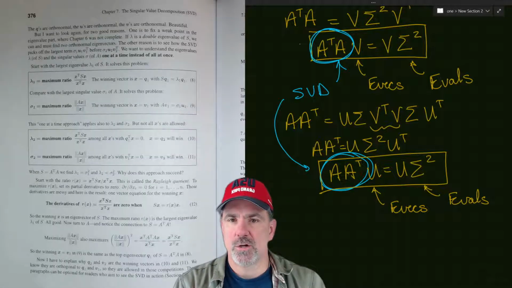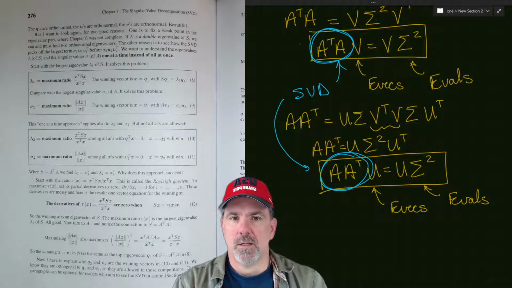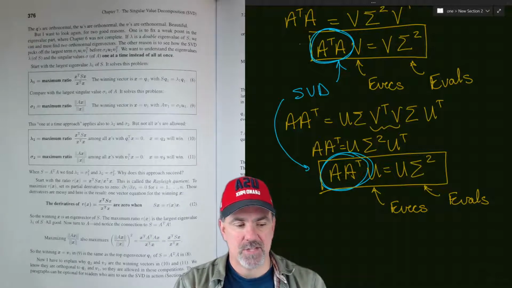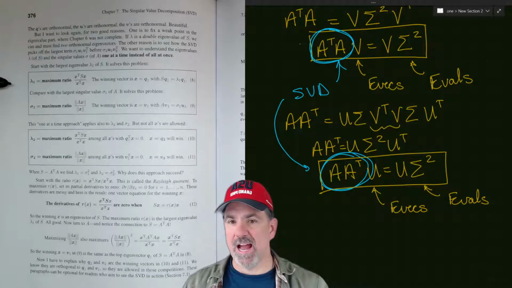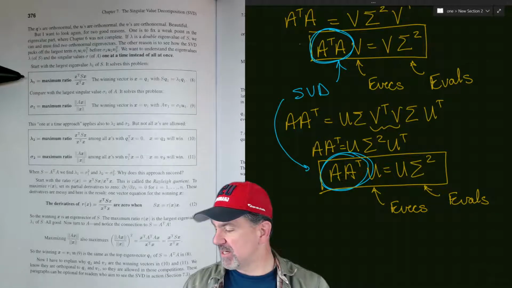So on the next page here, page 376, Professor Strang talks about some information that I gave you previously, which has to do with finding eigenvalues and singular values by using the fact that we have symmetric positive definite matrices.